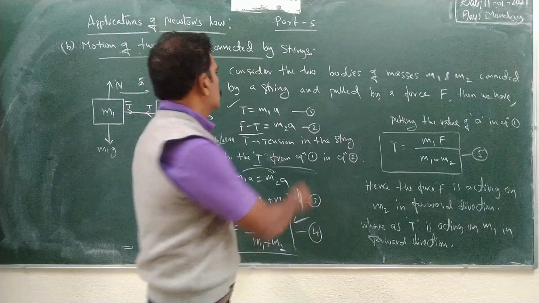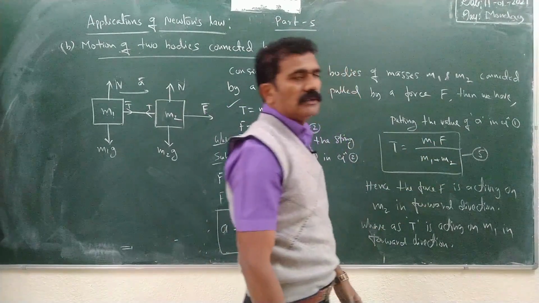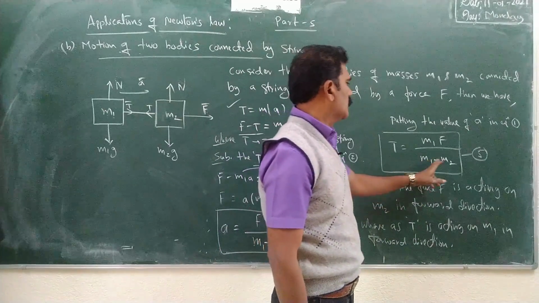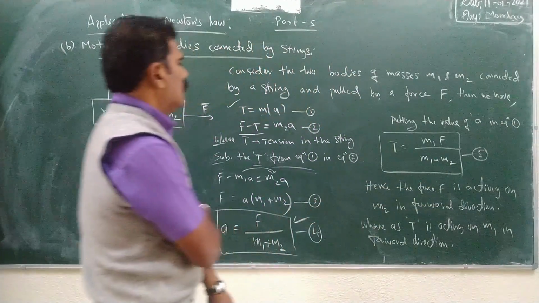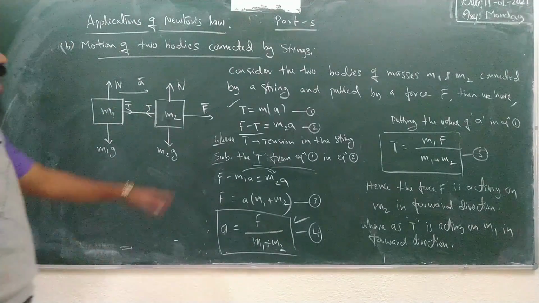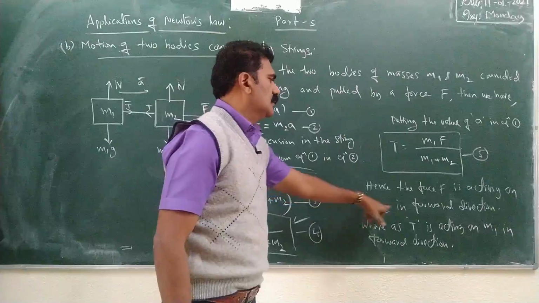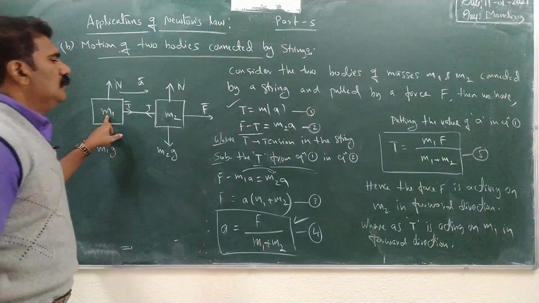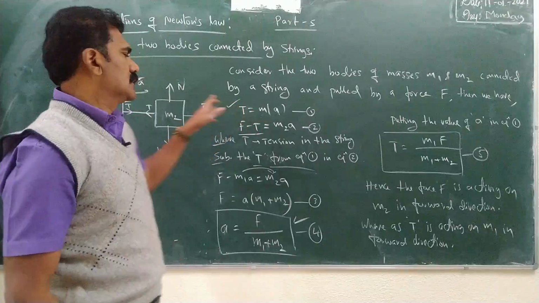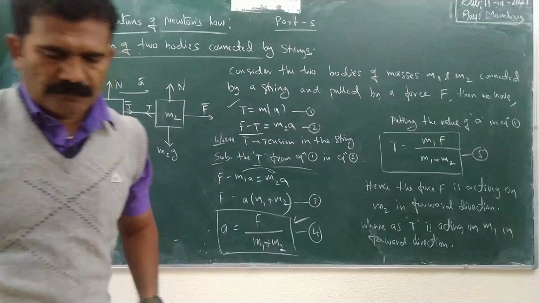So m1F divided by m1 plus m2 is the equation for tension. Now, what is the force acting on m2? The applied force F is acting on m2 in the forward direction, whereas the tension T is acting on m2 in the backward direction, so that the system is moving in the forward direction. Clear?